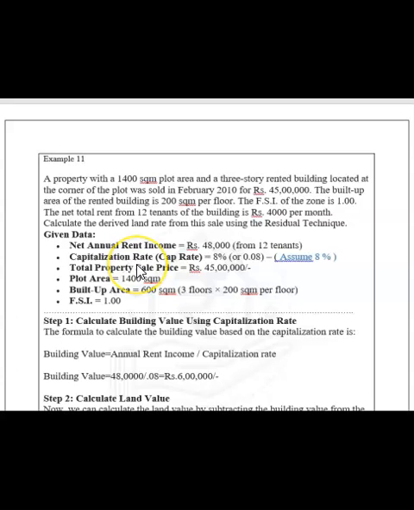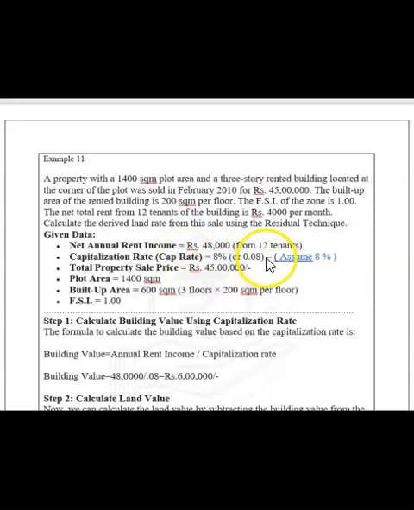For calculating capital value, we need the capitalization rate. In this question, no capitalization rate is given. Then it is the valuer's duty to assume the capitalization rate as per that area's market condition. He does the survey and identifies what capitalization rate to be used.